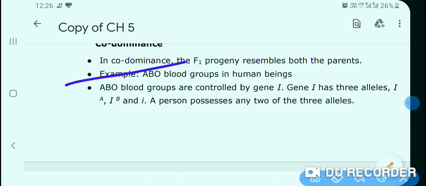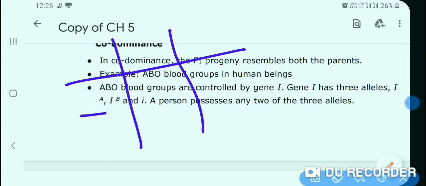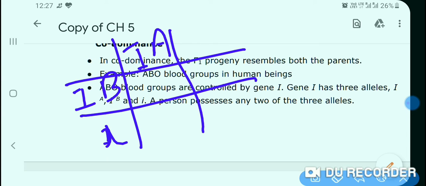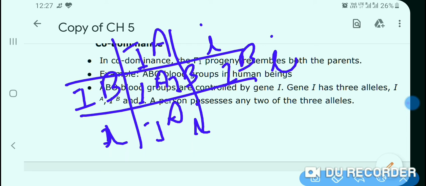Okay. Cross between blood group A and blood group B. Either IB, i and IA, i. Here will be IA IB, IB i, again IA i, i i.